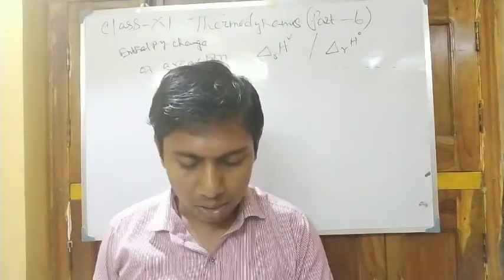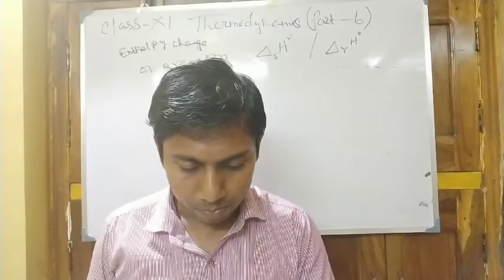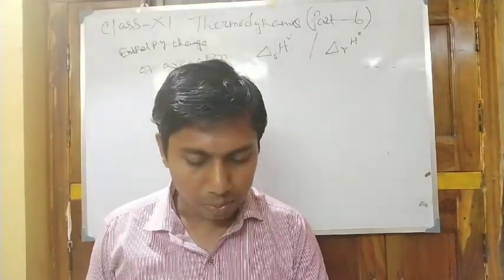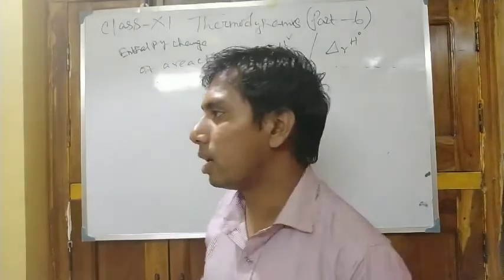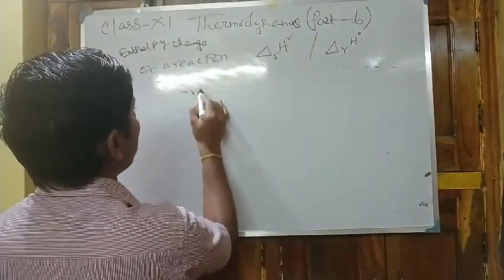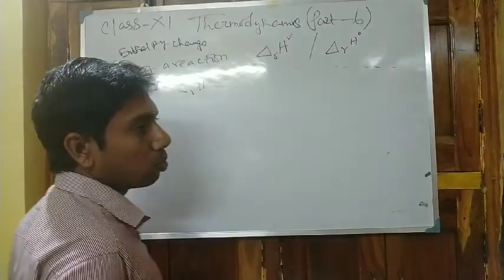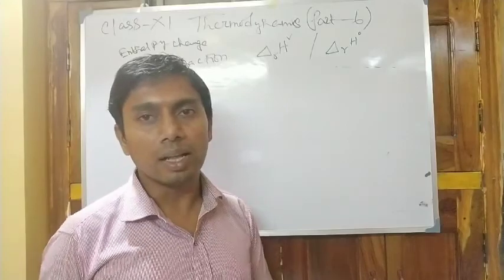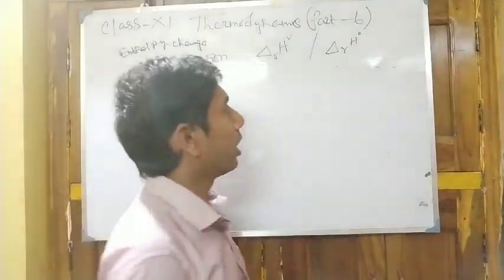Now second, what is the mathematical expression of that? Delta rH is equal to the standard enthalpy of the products minus the standard enthalpy of the reactants.